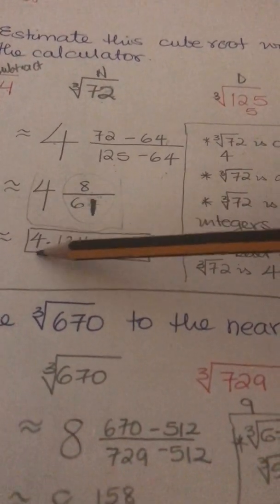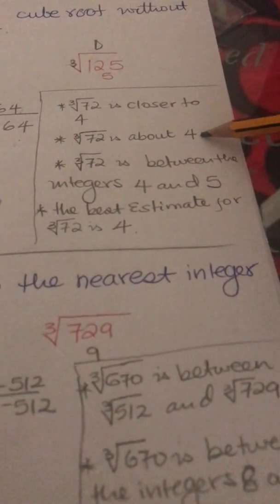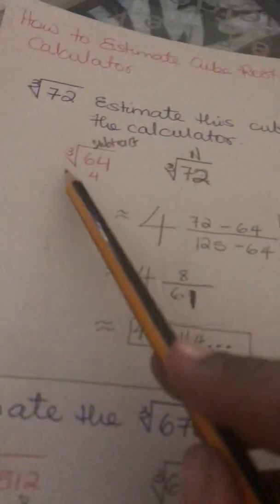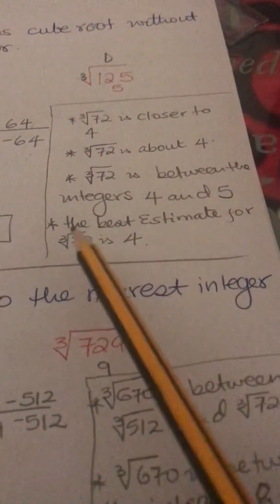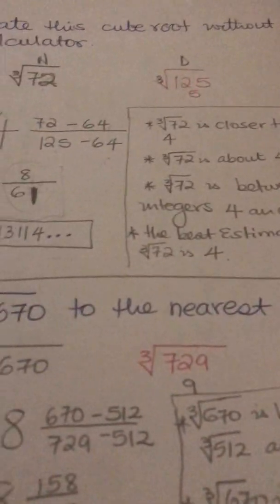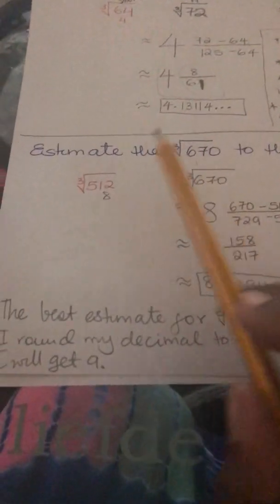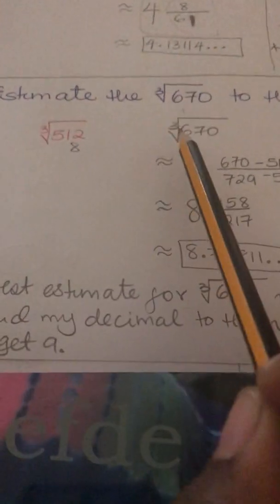If I round it to the nearest whole number, I will only get 4. The cube root of 72 is about 4. The cube root of 72 is between the integers 4 and 5. The best estimate for the cube root of 72 is 4. Let's do 670. Estimate the cube root of 670 to the nearest integer.